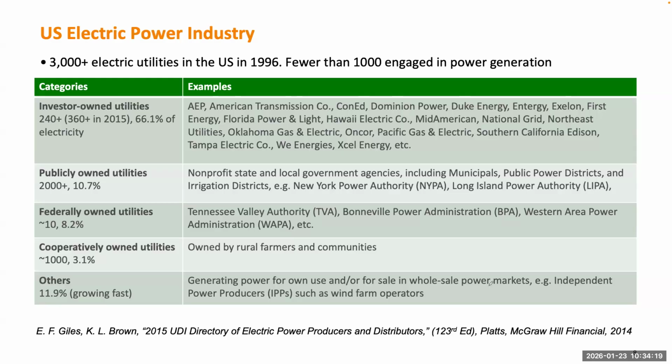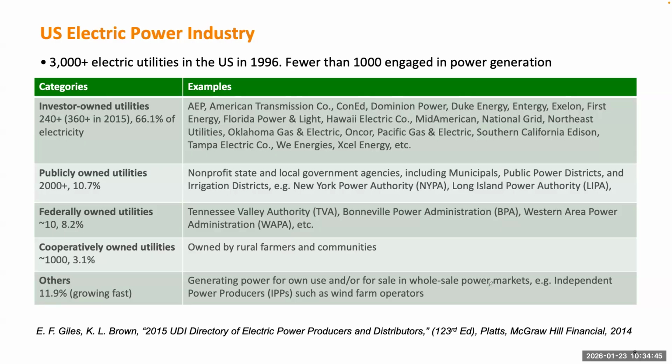So this table shows, yeah, that's almost 30 years ago, but now the number should be much bigger than this one, because at that time this table doesn't count many renewable providers. It's still just conventional energy providers. There were more than 3,000 electric utility companies in the US by 1996.